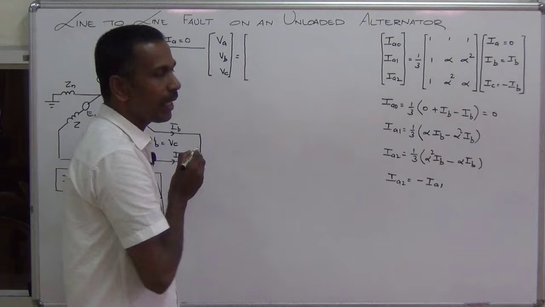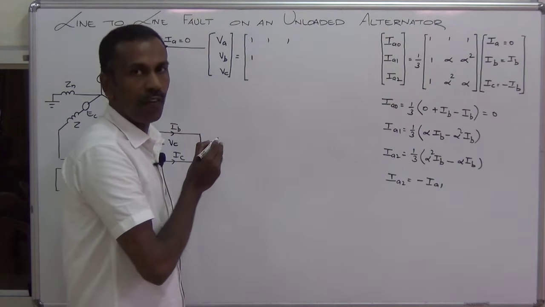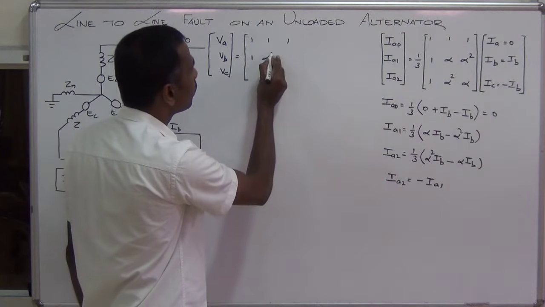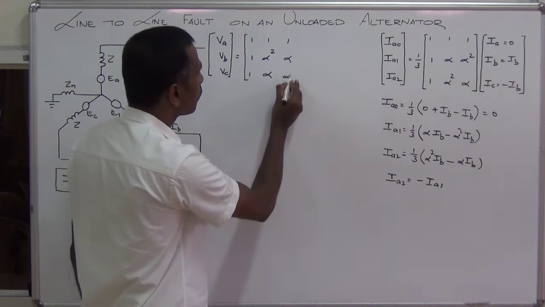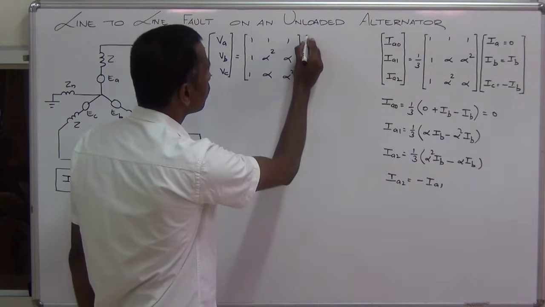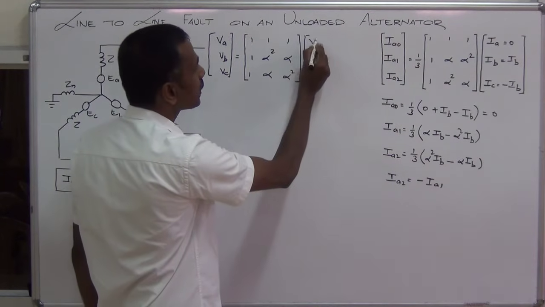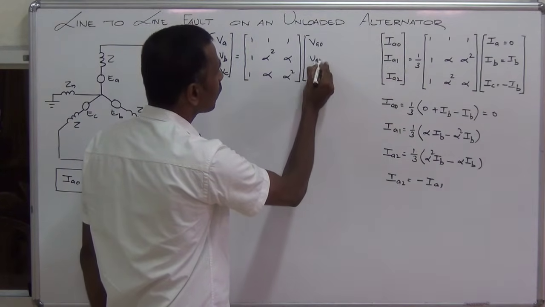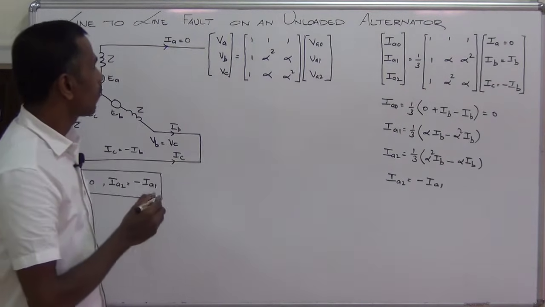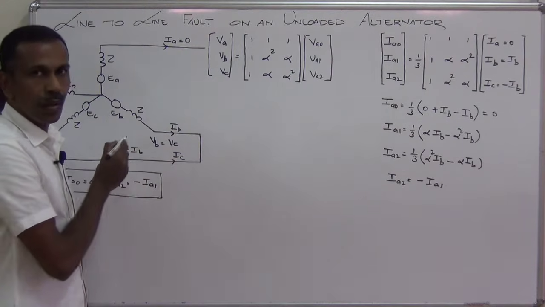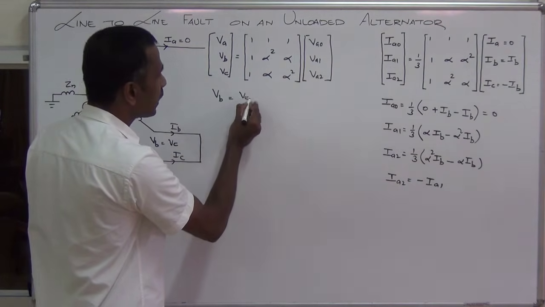There the transformation matrix is 1, 1, 1; 1, alpha square, alpha; 1, alpha, alpha square; into the sequence voltages VA0, VA1, VA2. Here VB equals VC.